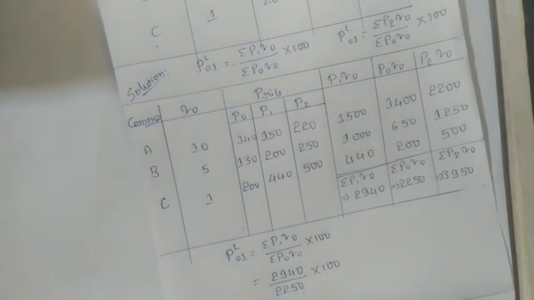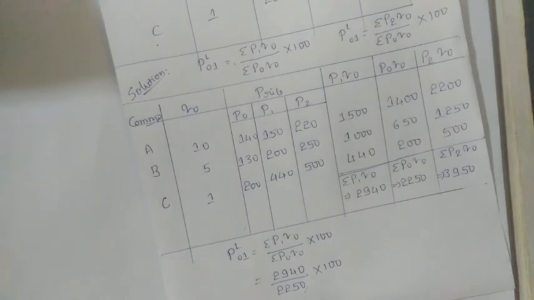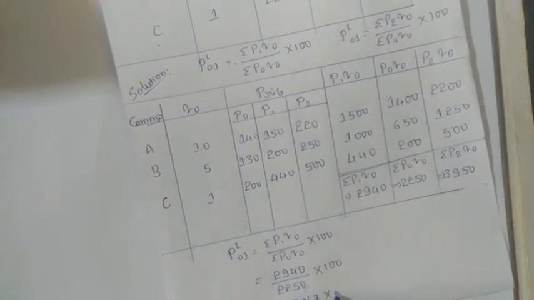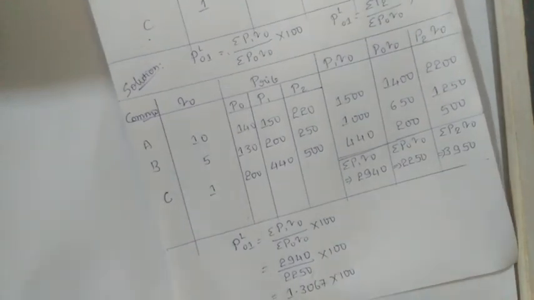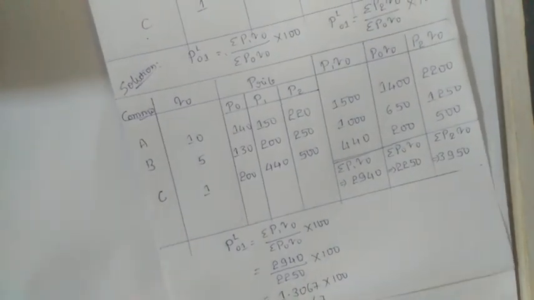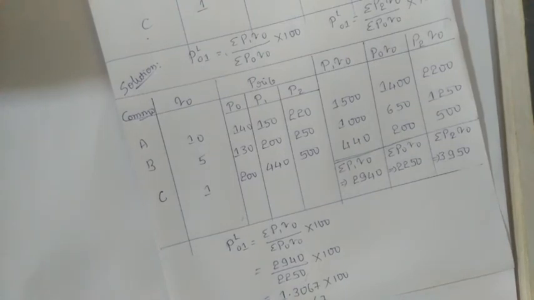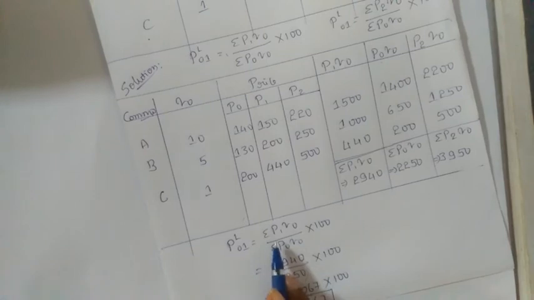So 2940 divided by 2250 is 1.3067 into 100. So the answer is 130.67. This is the Laspeyres price index number for the P1 value.